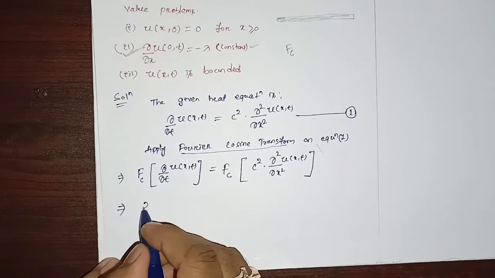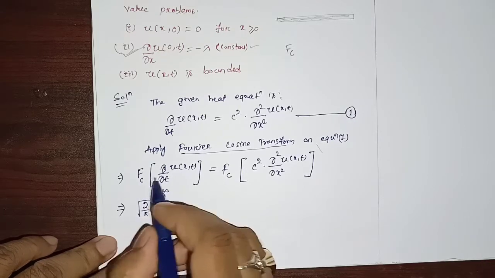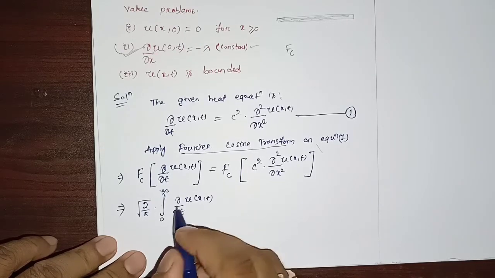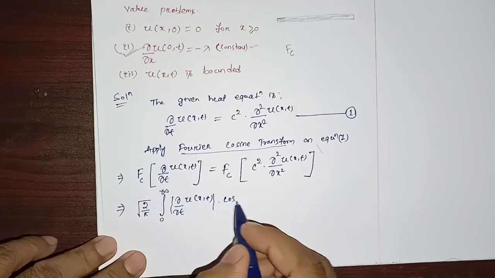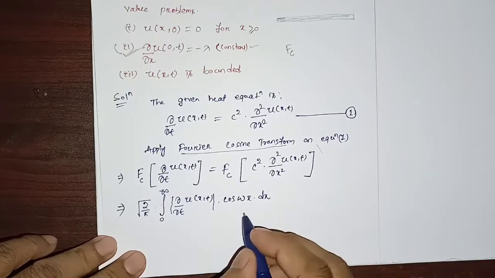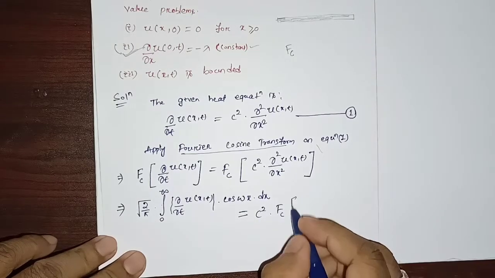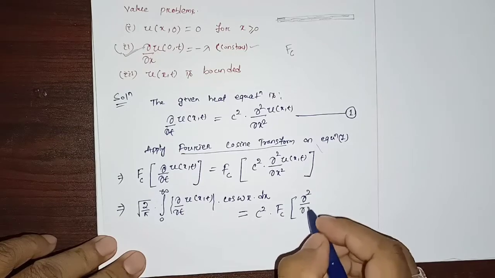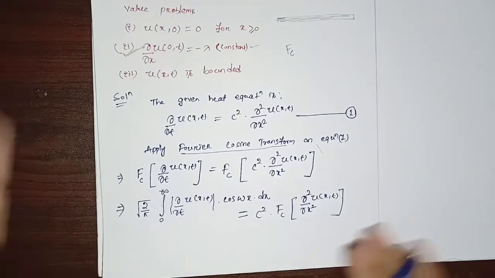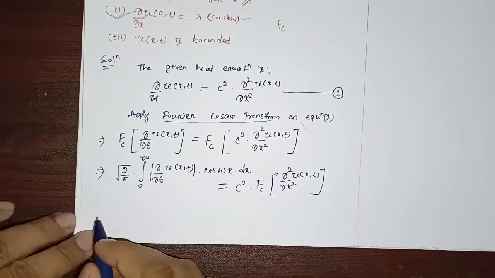This will be written as √(2/π) ∫ from 0 to infinity of ∂u/∂t (x,t) cos(ωx) dx, equal to, here c² is a constant taken outside, the Fourier cosine transform of the second derivative with respect to x of u(x,t).